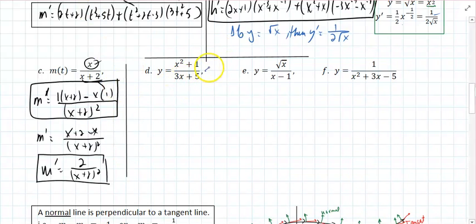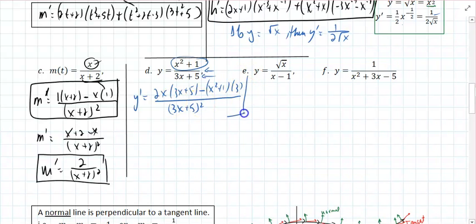If I want to take a derivative of this, well, the same deal. Y prime would be derivative of the top is 2x times the denominator minus the top times derivative of the denominator, that's a 3, all over the denominator squared. On a test, this is all I want. For the homework, you gotta clean it up.